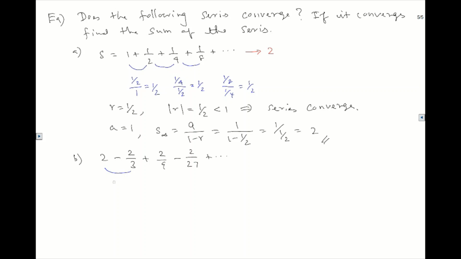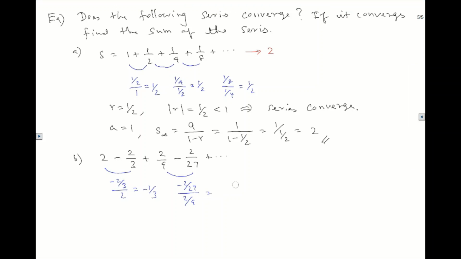So we divide negative 2/3 by 2, and you're going to get negative 1/3. Let's also divide these two: negative 2 over 27 divided by 2 over 9. The 2 gets canceled, the minus sign comes out, and 1 over 27 versus 1 over 9, there are 3 of them, so you're going to get 1/3 again.